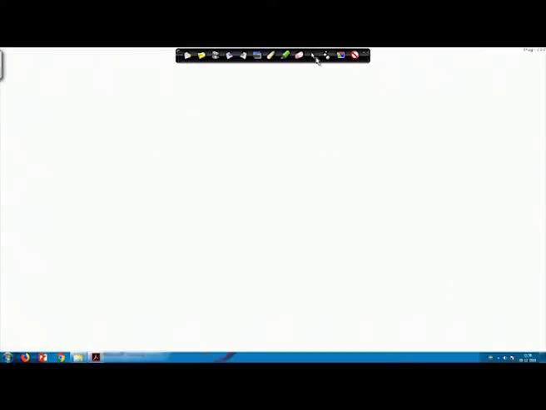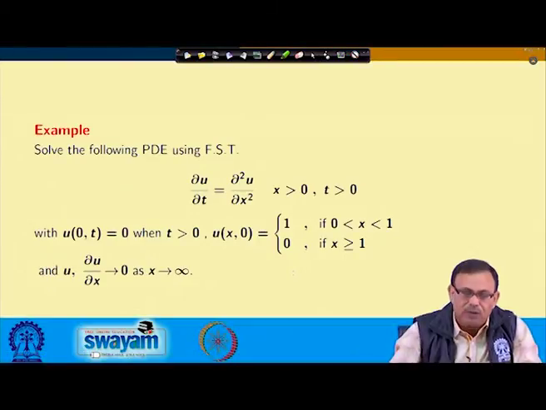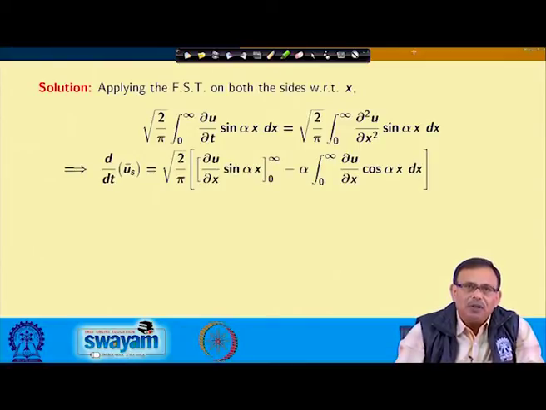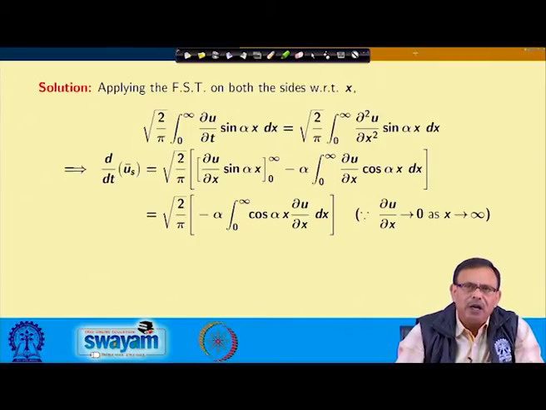So, let us see, the problem was this one. I am taking the Fourier sine transform on both sides of the given equation. The left hand side is nothing but d dt of u bar s, and the right hand side I have to evaluate. There I am using one condition, del u del x approaches 0 as x approaches infinity, so the first term will vanish when you put the limits 0 and infinity, and you will have only the second term, that is the integral.